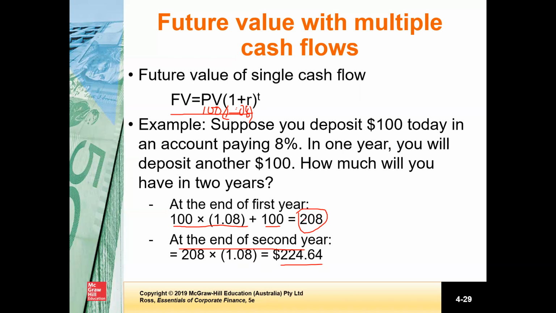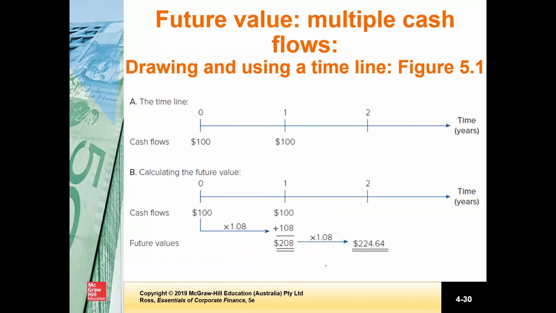Okay, so this 208 grows at a rate of 8% in the second year. So at the end of year 2, it becomes 224.64. So you can see that these timelines illustrate the process of calculating the future value of these two $100 deposits.